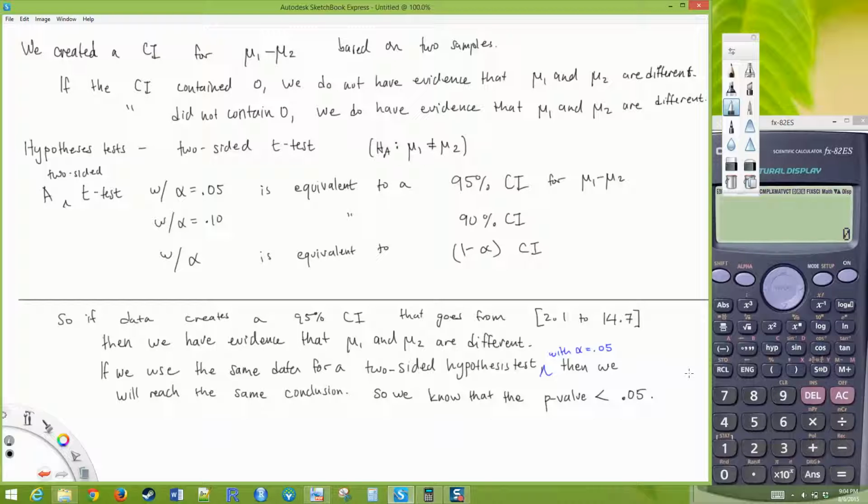And vice versa, the flip side is also true. So if we conduct a two-sided hypothesis test with alpha 5% and we reject the null hypothesis, then that means the corresponding 95% confidence interval will not contain 0.